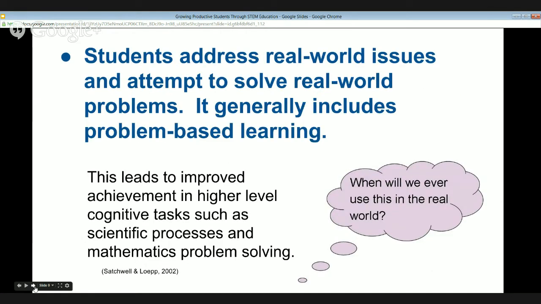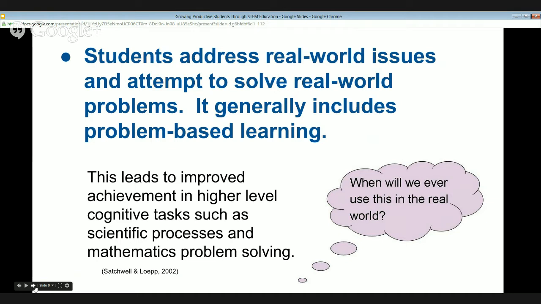So when we're looking at how STEM is different, the second thing is it really does focus on real world issues, and the students should be attempting to solve real world problems. This generally does include problem-based learning, which lends itself beautifully to how STEM is organized. We always hear students say, well, when will I ever use this in the real world? Or why do I have to know this?